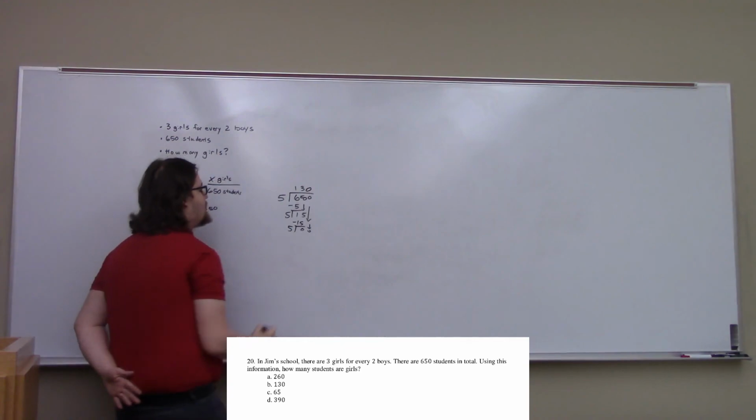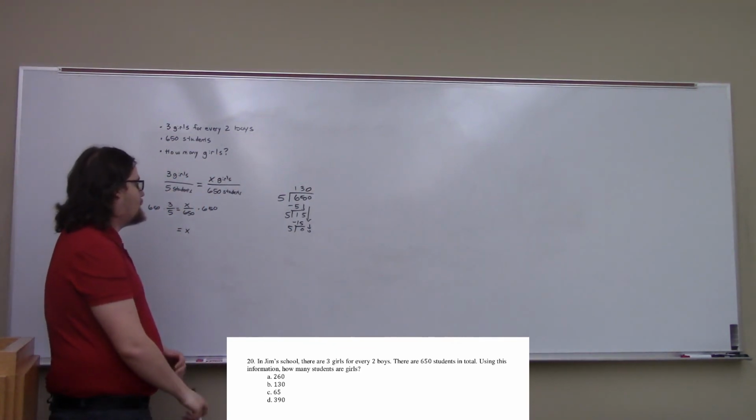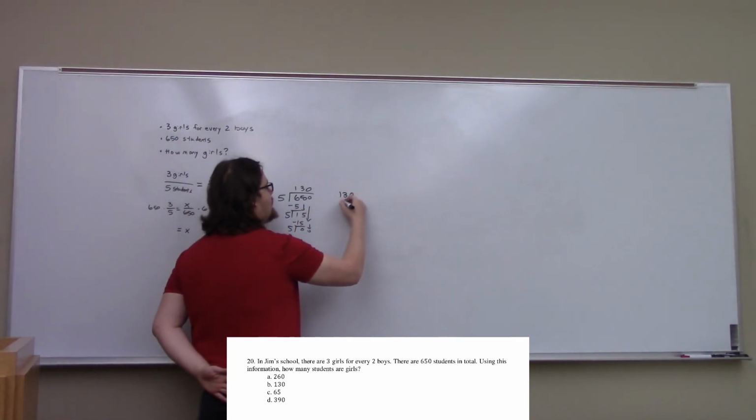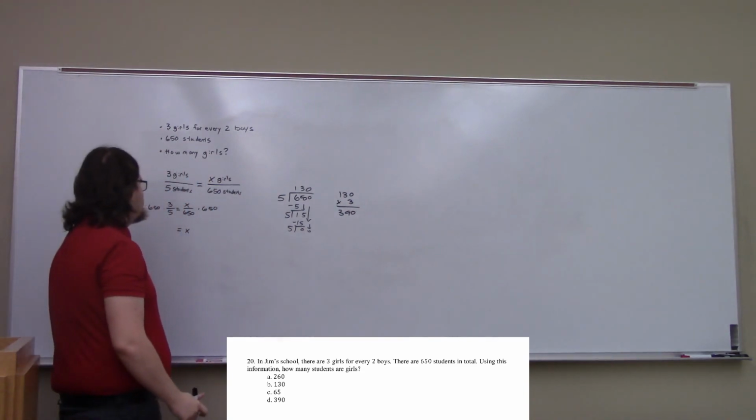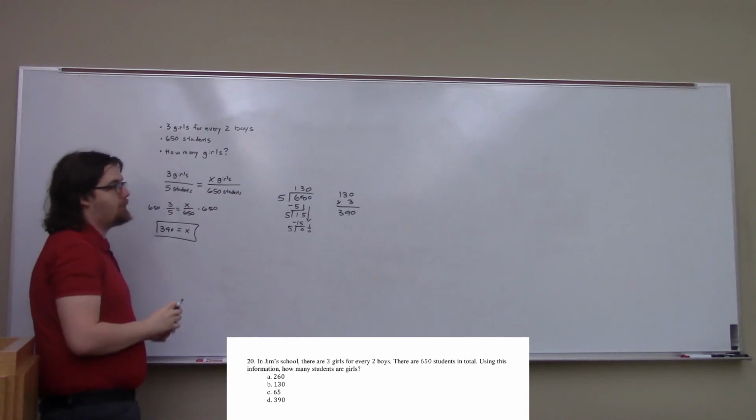We get 0. So 650 divided by 5 is 130. 130 then multiplied by 3 is simply 390. So x is going to be equal to 390. This is the number of girls in the school.